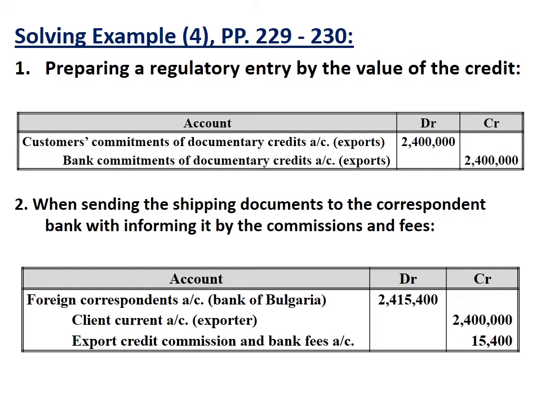Now, with regard to example 4, it is in page 229. He mentioned that during the month of November, we have the following transactions of the National Bank of Egypt with regard to the export of an Egyptian exporter, and you are required to prepare the necessary journal entries in the bank's records. A notification has arrived from the importer's bank of Bulgaria stating the opening of a documentary credit in respect to John worth 2.4 million Egyptian pounds.